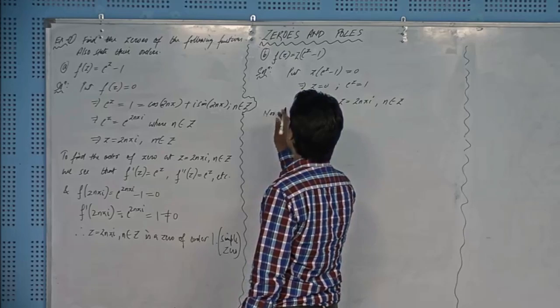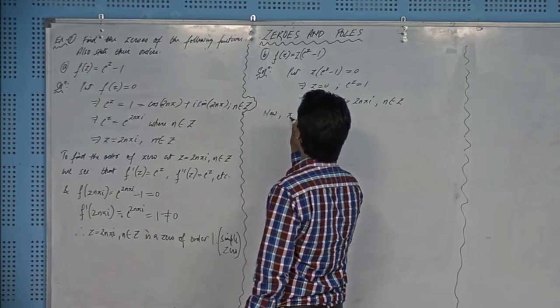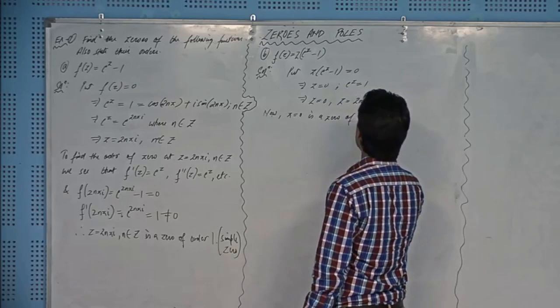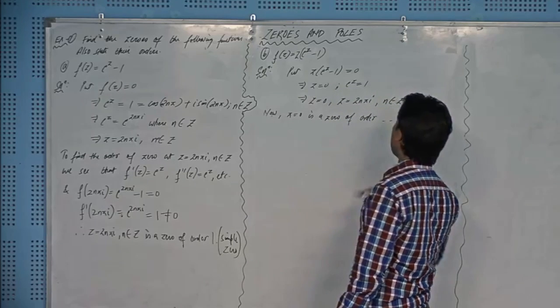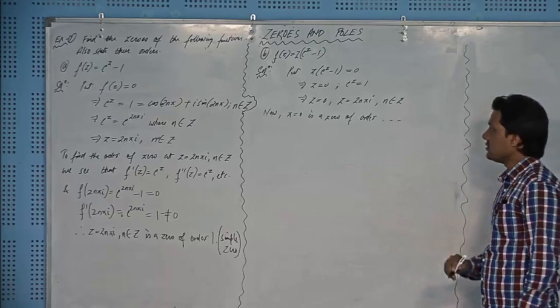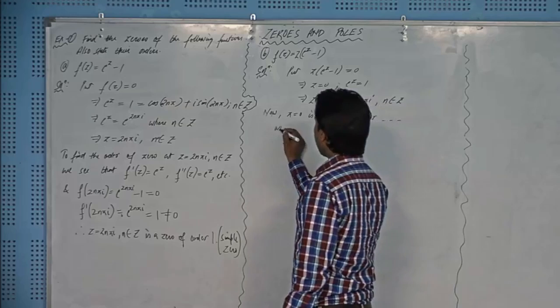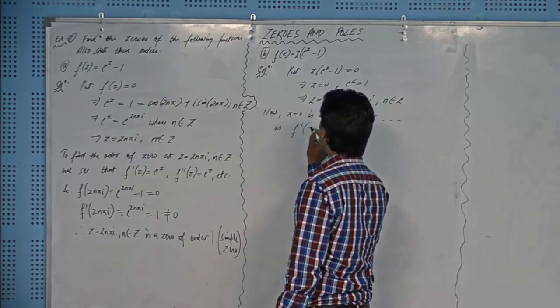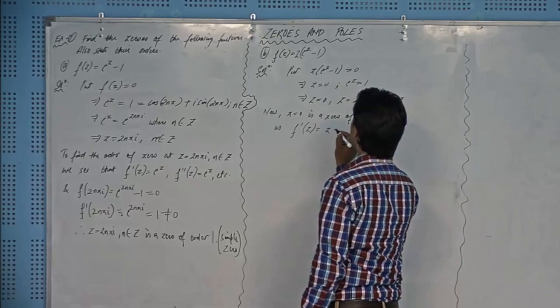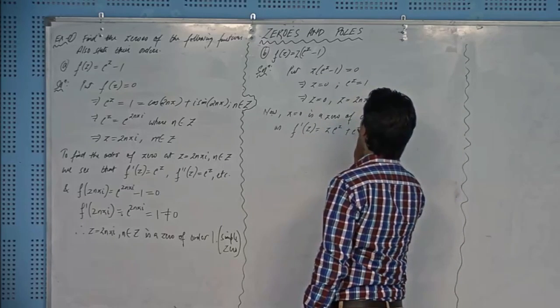Now z equal to 0 is a zero of order, and I'm leaving that. What is its order? I will find that order. Okay. First we'll find f dash, that will be z times e to the power z plus e to the power z minus 1.